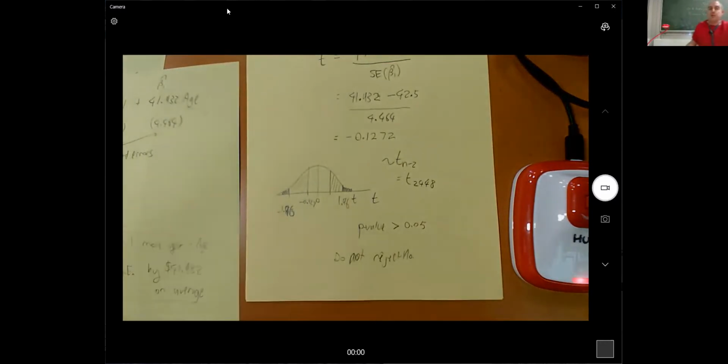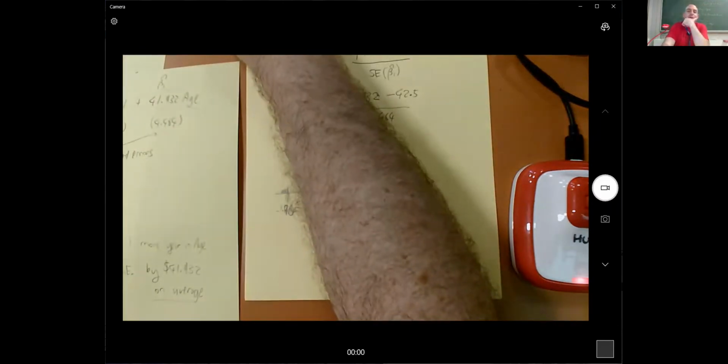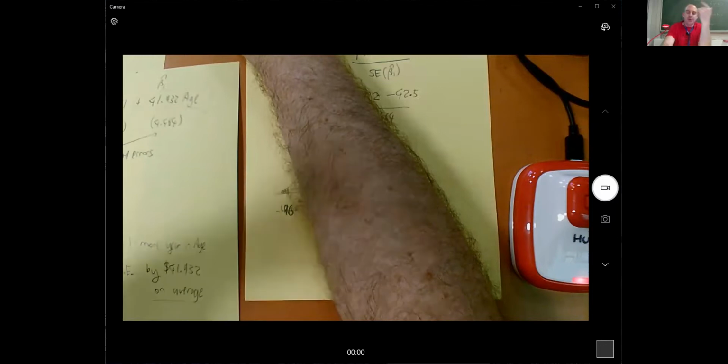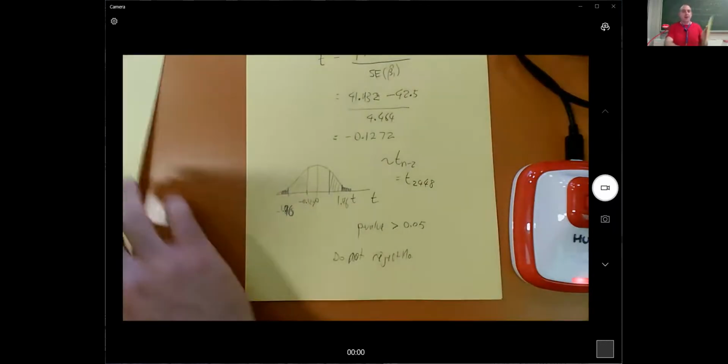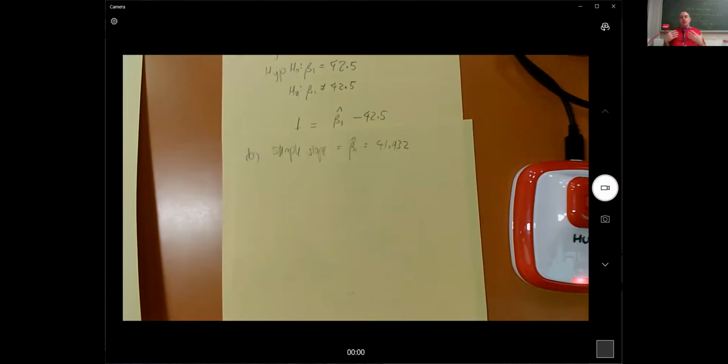Okay, so the previous question was: find a 95% confidence interval for the population slope. I know that this is what my current sample gave as a slope, but the population slope is probably not exactly equal to that.